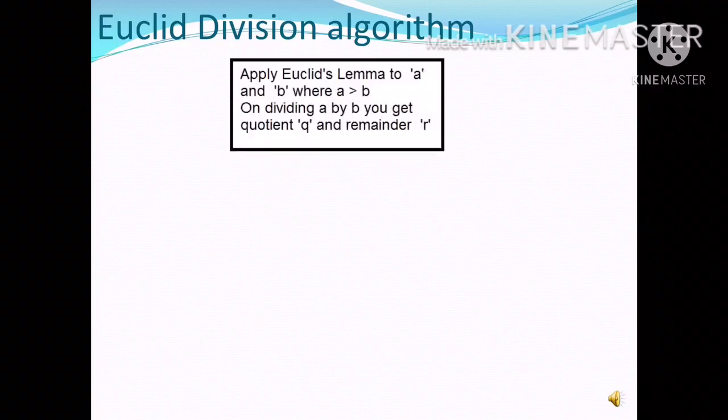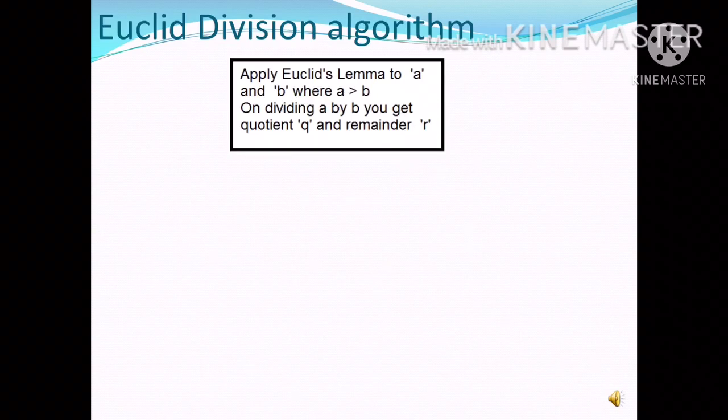Let us recapitulate the Euclid division lemma with the help of the following flowchart, which can be treated as a mind map. The first step to obtain the HCF of two positive integers a and b is that we apply the Euclid division lemma on a and b.